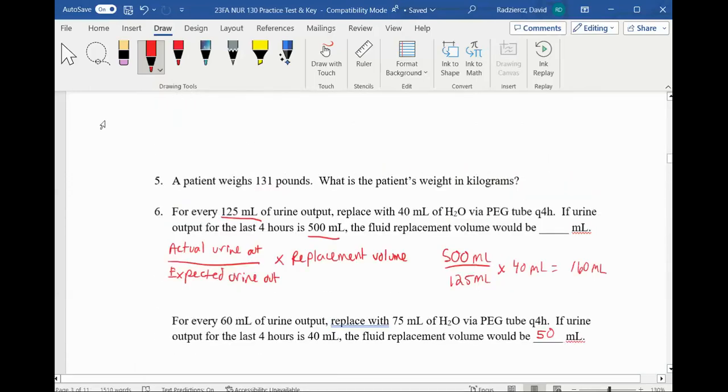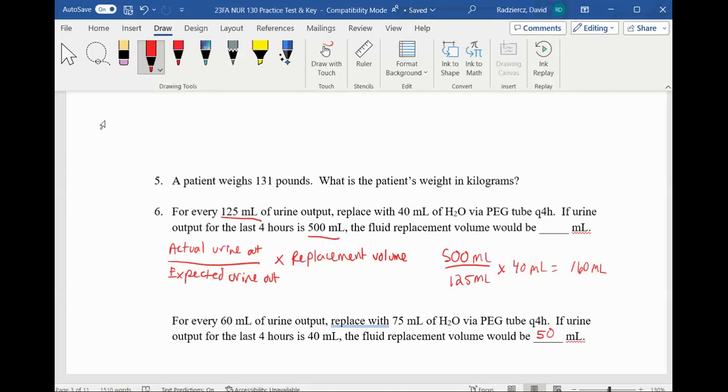So for 131 pounds, divide by 2.2, you're going to get 59.5. So we have to write 60 kilograms? Nope, round to the nearest tenth. So 59?